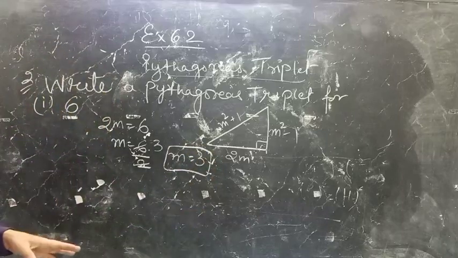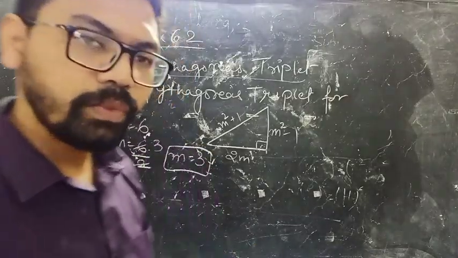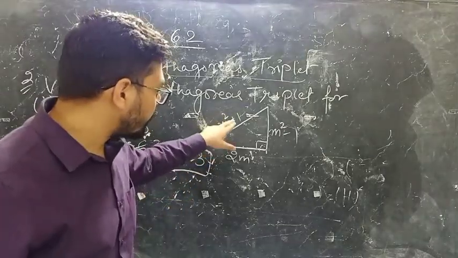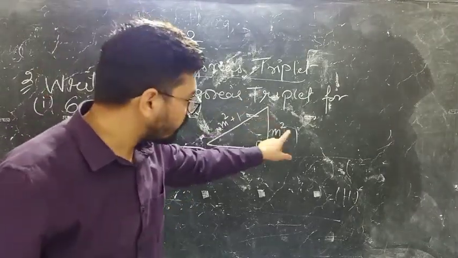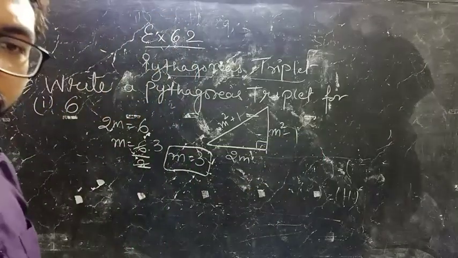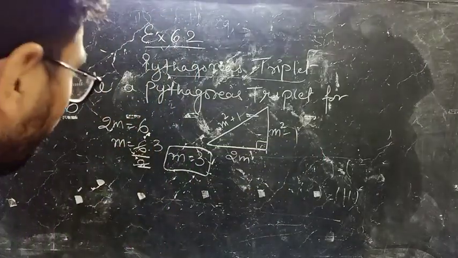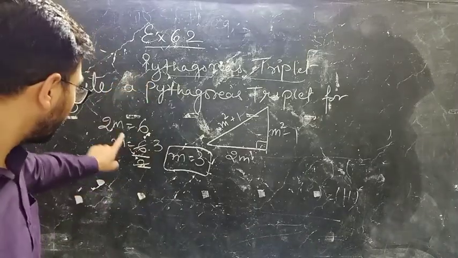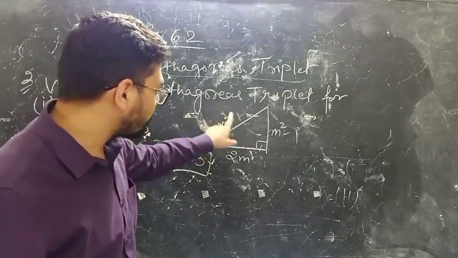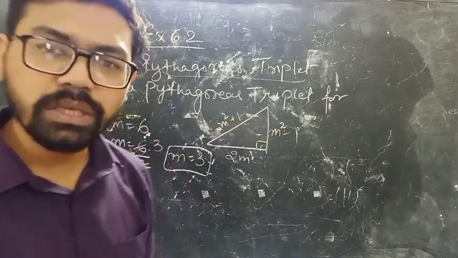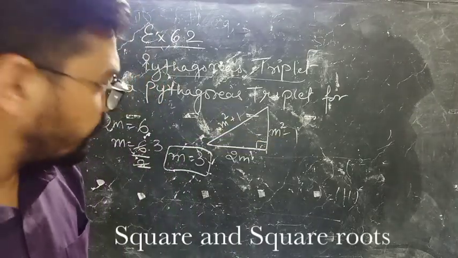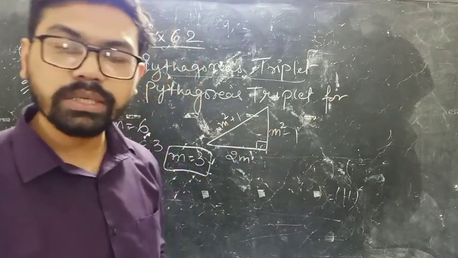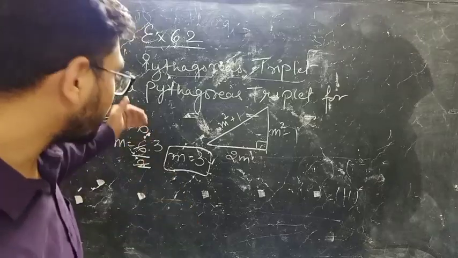One student asked, sir, can I put m square plus 1 is equal to 6 or m square minus 1 is equal to 6? I'll explain this later, but before that I'm going to solve this question. I will tell you why we are not setting m square plus 1 or m square minus 1 equal to 6, why I put 2m is equal to 6, and whether I can put these two equal to 6 as well. I will give the reason after completing this question.